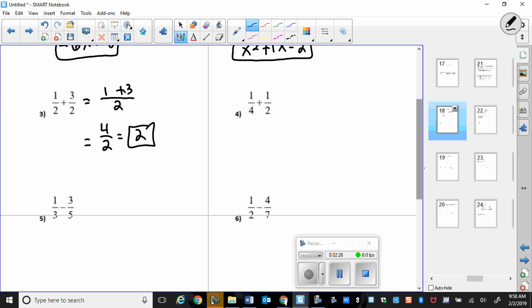For number 4, you're going to have to do something different. So what happens is this becomes this denominator. I need to combine denominators. So I end up with 2 over 2 times 1 over 4 plus, look at the bottom denominators, this 4 goes over here and multiplies like a greatest common factor.